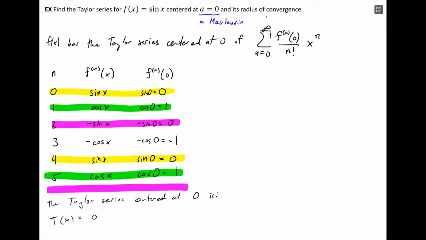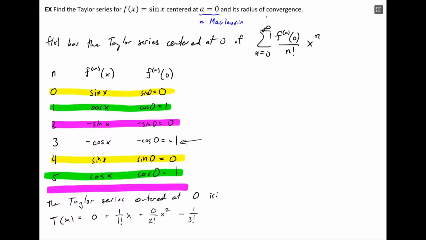Then we're going to have our next term, which will be a 1 divided by 1 factorial with a power of x to the 1. Next, we're going to have a 0. Right? And then we're going to have a minus 1.